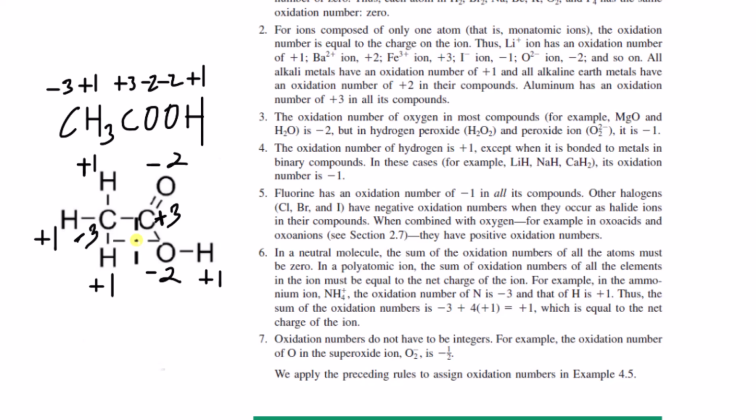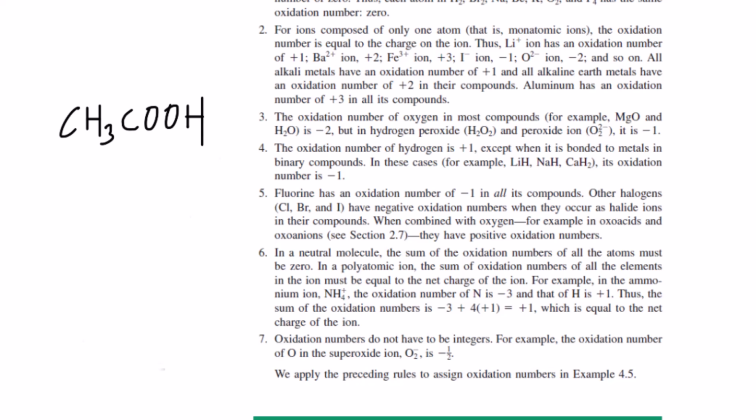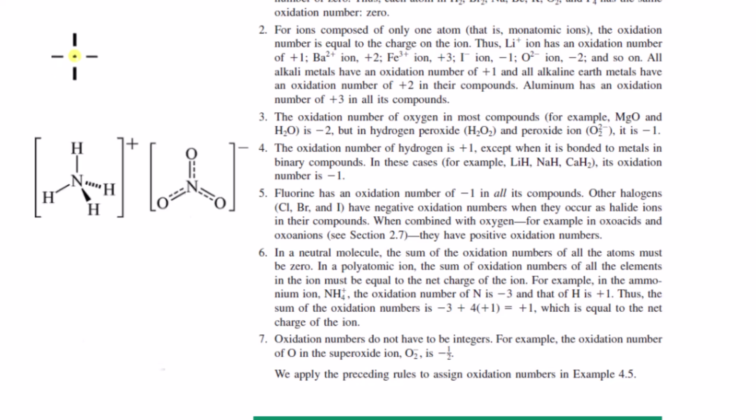Okay, another example of atoms of the same element in a compound having different oxidation numbers is ammonium nitrate. So, NH4NO3. Okay, in ammonium nitrate, the two nitrogens have different oxidation numbers.